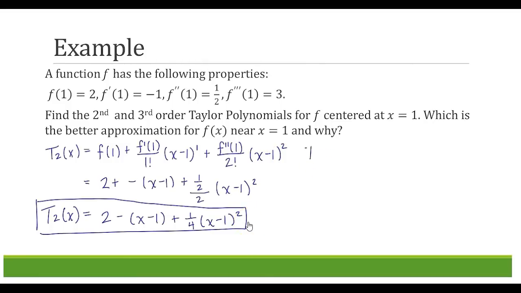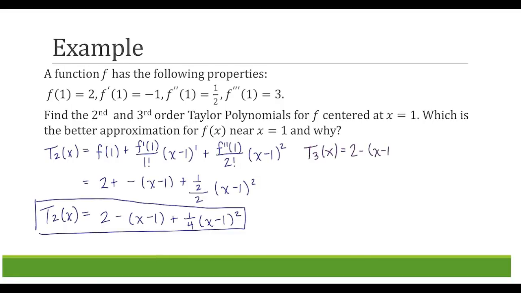So I'm going to say that T sub 3 of x is equal to, I'm going to keep these first 3 pieces, so 2 minus x minus 1 plus 1/4 x minus 1 squared, but then the next one is going to end up looking like plus the third derivative over 3 factorial.